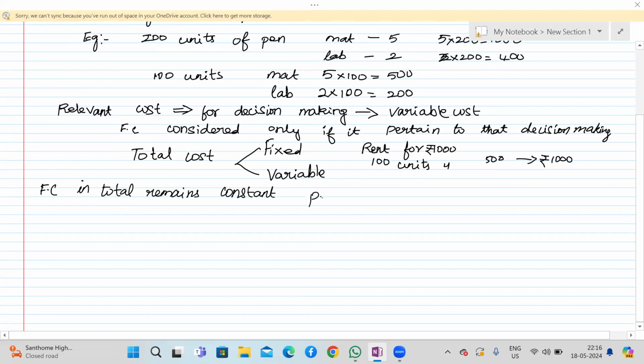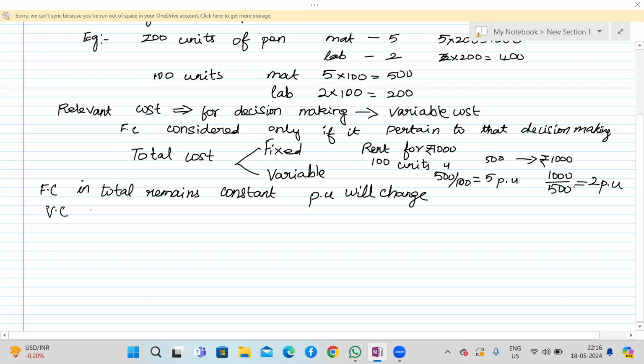Per unit will change. What does it mean? For 500 rupees, if I'm producing 100 units, then 500 divided by 100 means 5 rupees per unit. If I'm producing 500 units, then 1000 rupees divided by 500 means 2 rupees per unit. So fixed cost per unit will change, but in total remains constant.